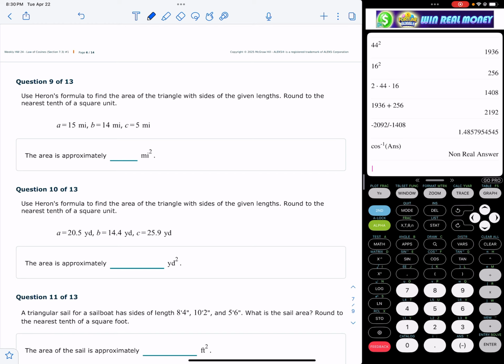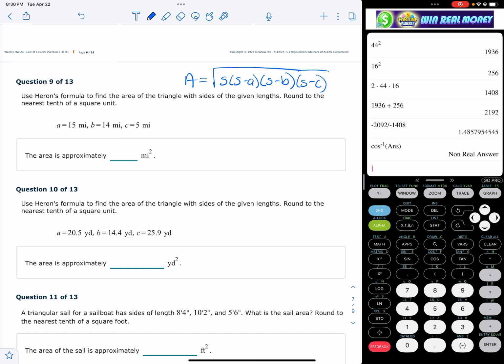Obviously, if it was a right triangle, you could do 1/2 base times height, but this is not a right triangle, or at least we don't know. So Heron's formula is the square root of s times s minus the side length of A times s minus the side length of B times s minus the side length of C.